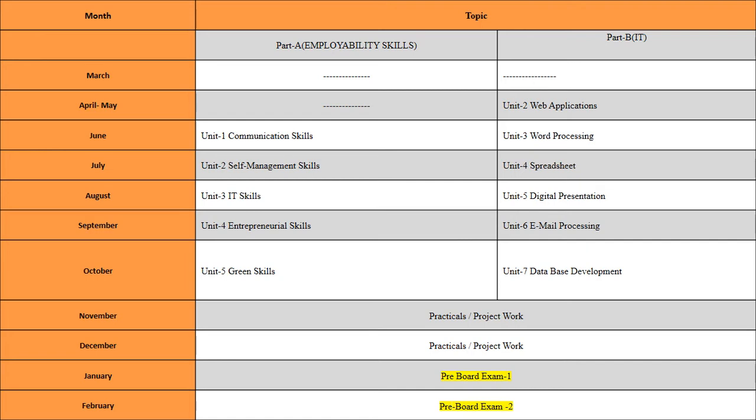In spreadsheet, you're going to use different functions and formulas. In digital presentation, how to give animations, transitions, and how to add narrations and music files to your presentation. In email processing, how to forward your email and how to attach images, files and different documents to your mail. And database development is about MS Access and databases.